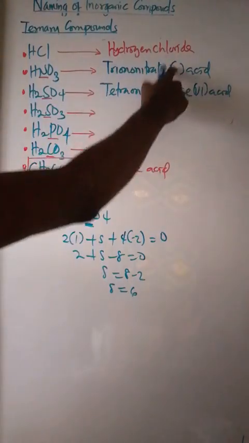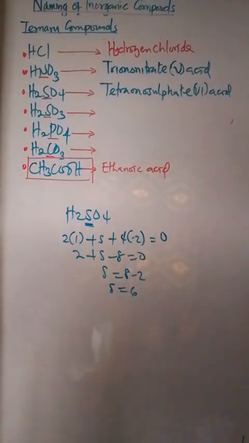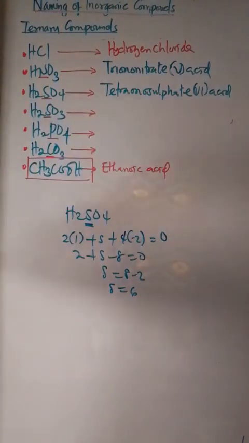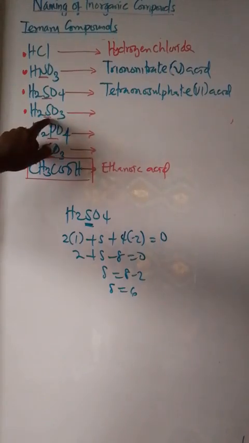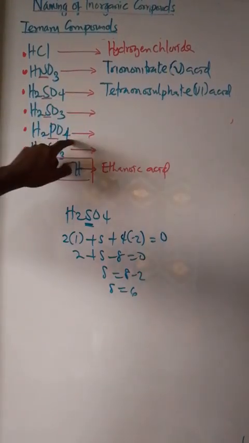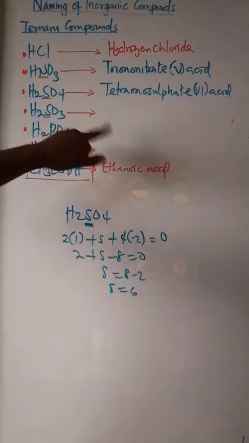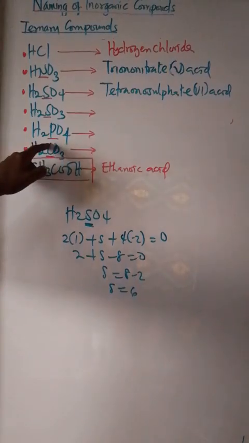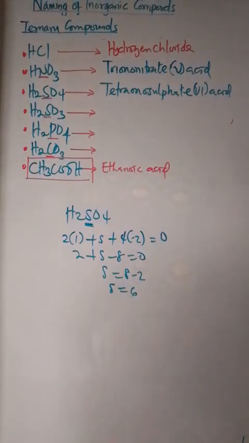Sorry, this one ought to be 5. This one is 5 acid. This one, if you do it, you should get trioxosulfate 4. If you solve for S, you get 4 in this case. Trioxosulfate 4 acid. Tetraoxophosphate 6 acid. This one, trioxocarbonate 4 acid. So that is it.